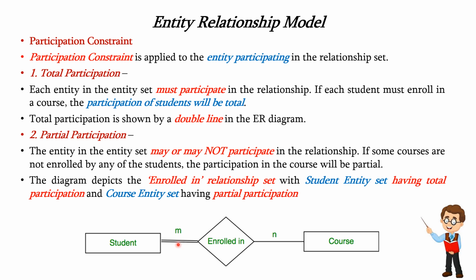Here we are indicating the cardinality with the notation M. M indicates many. So many students can enroll in any number of courses, that is N courses. Thus we have seen the participation constraints, and we have seen all the components of the ER diagram in this lecture. Thank you.